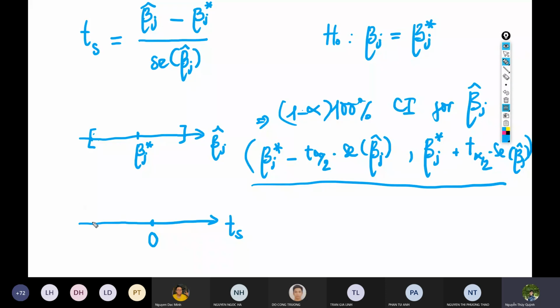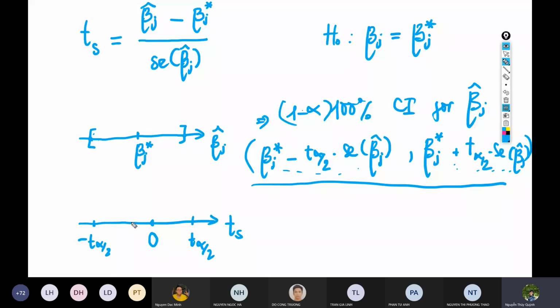So the observed value of t corresponding to this value of beta z hat will be minus t alpha divided by 2. And if beta z hat is equal to this other point, just replace beta z hat into this formula, and you will get the observed value of t here as t alpha divided by 2.